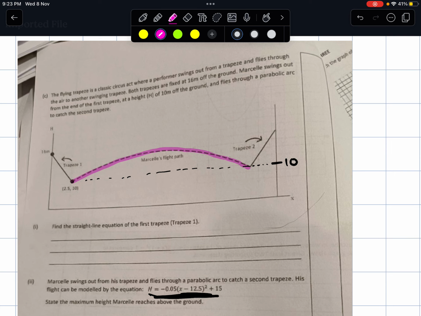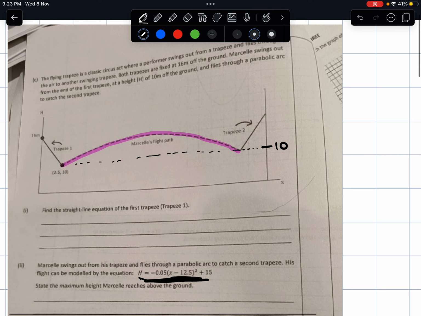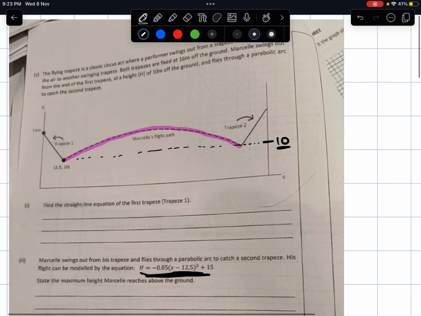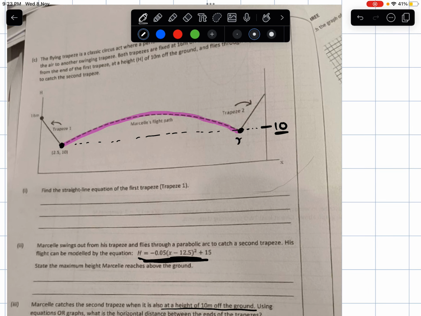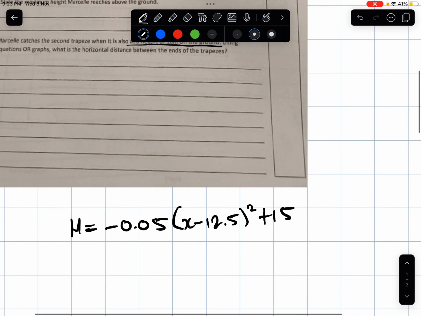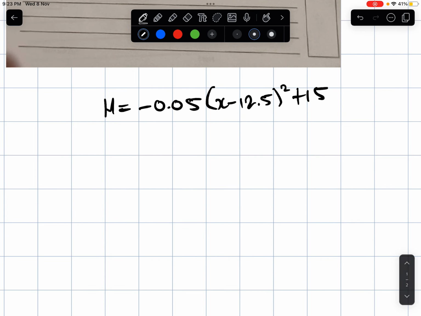So if we sub in the value h equals 10, because we're at 10, it will give us two values. One will be our 2.5 and one will be our other one, our unknown x value. We'll call it x2.